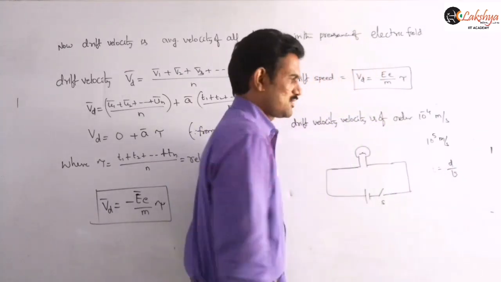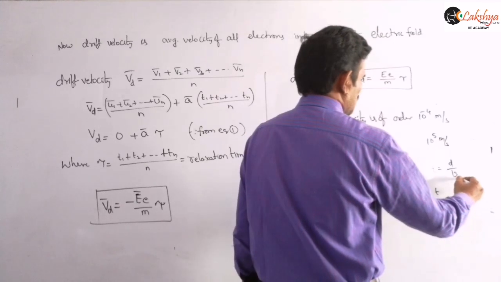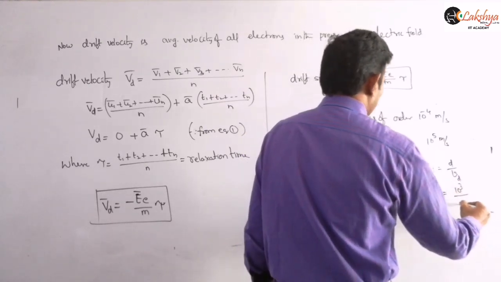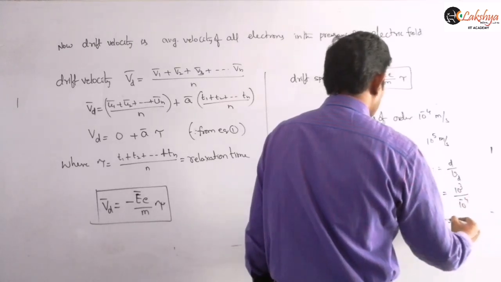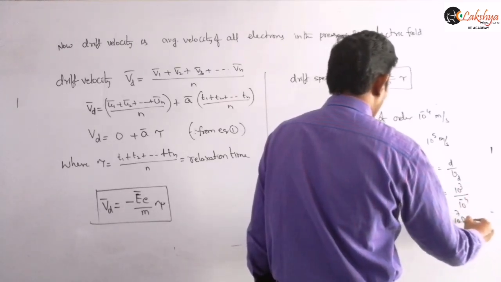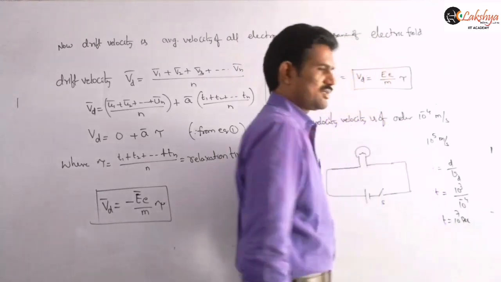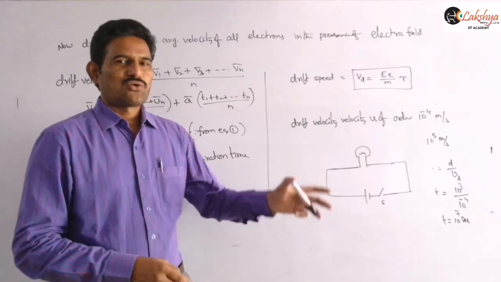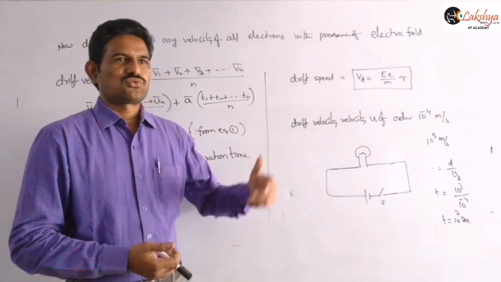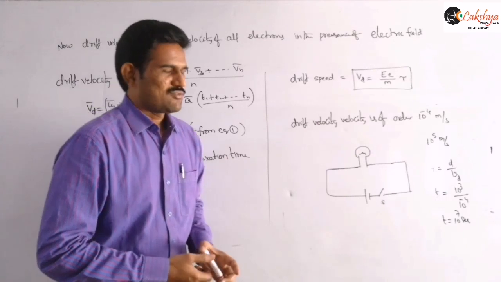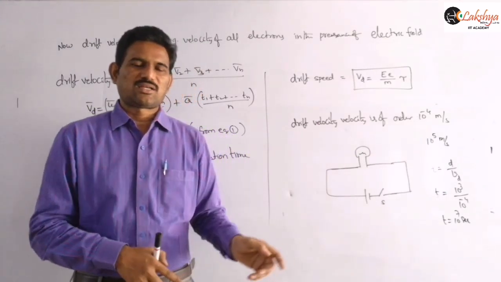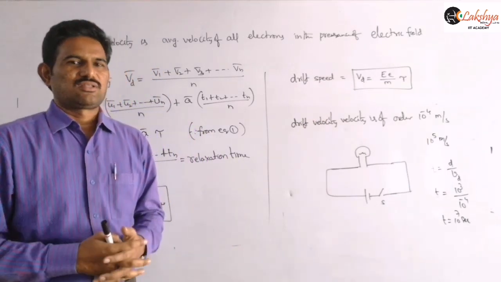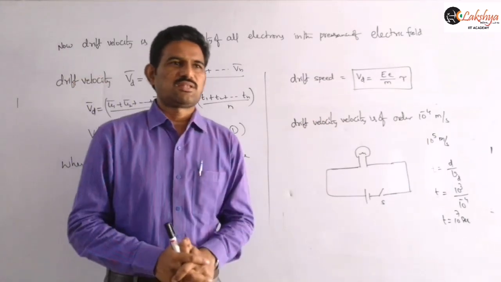Taking the drift velocity, I can write 10^3 by 10^-4, so it should take 10^7 seconds. That is a very large time. According to that, the bulb should glow after 10^7 seconds, which is not true. Practically, if you close the switch, the bulb glows immediately. They will ask the reason for that. Can you explain it?